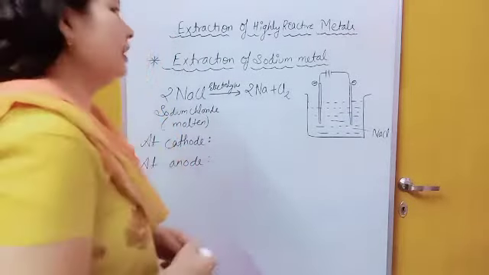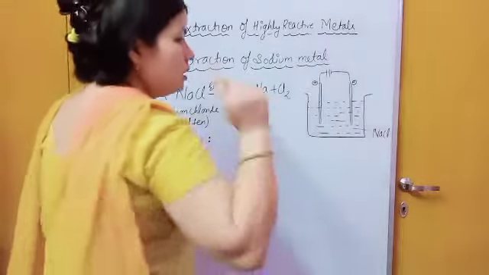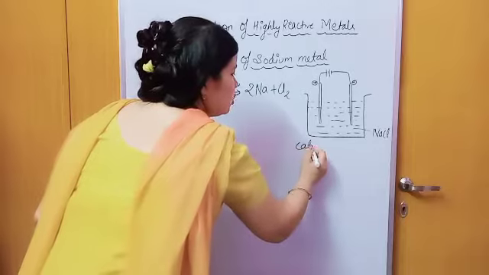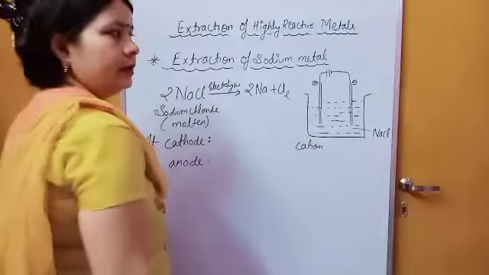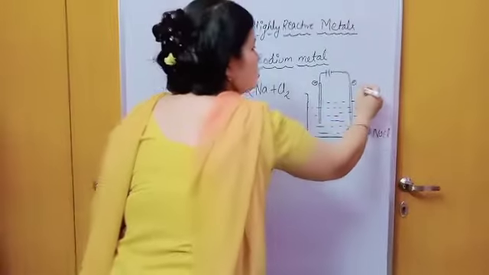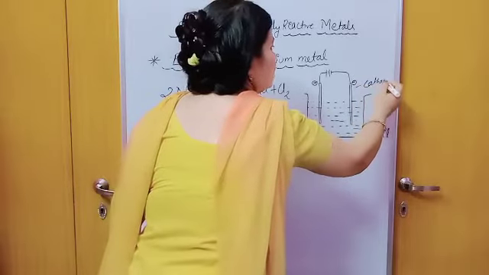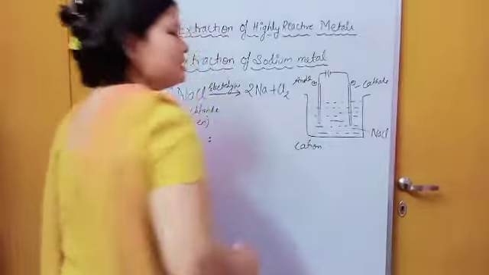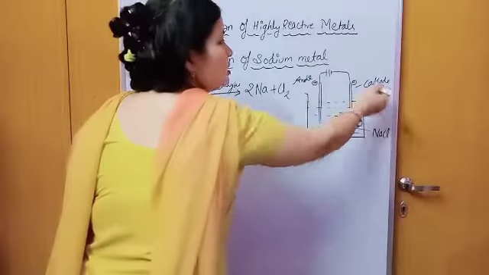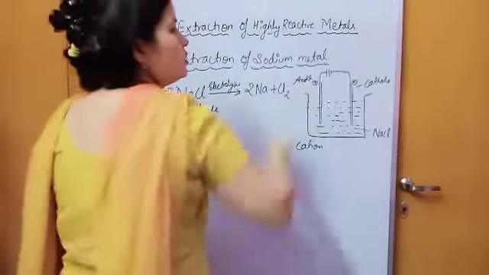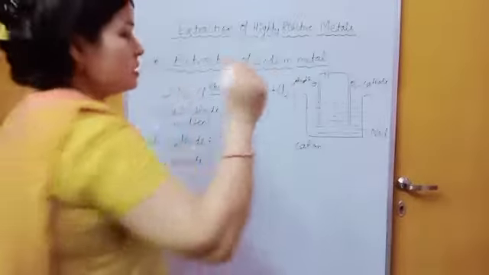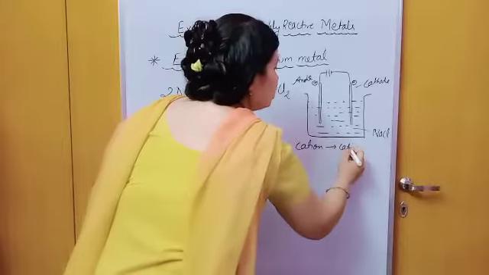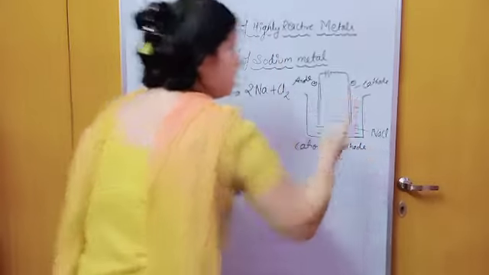Positive charge means cation. The cathode is negatively charged and the anode is positively charged, so the cation always moves towards the cathode because opposite charges attract each other.